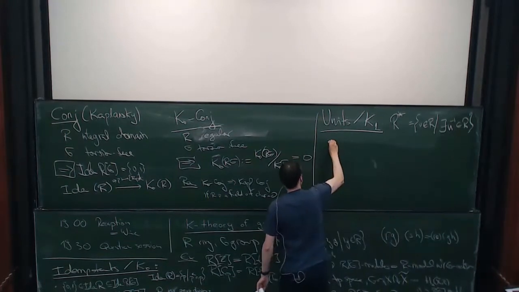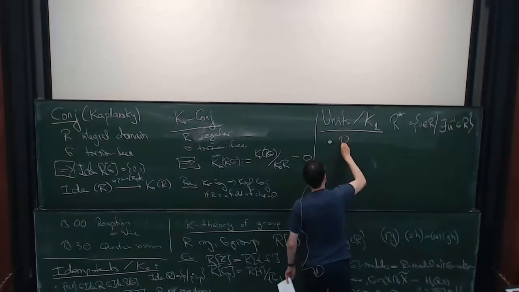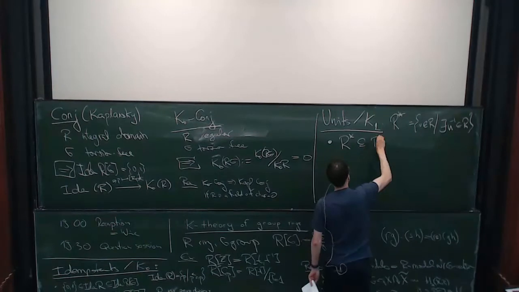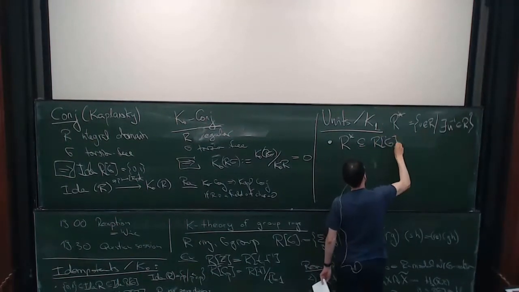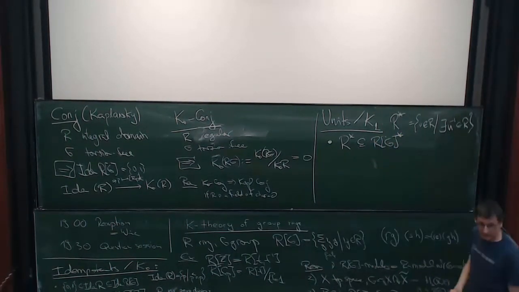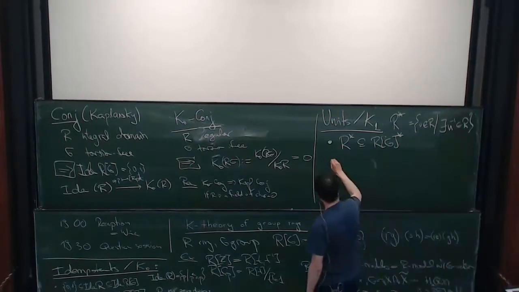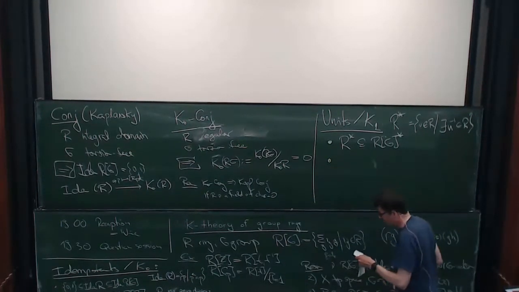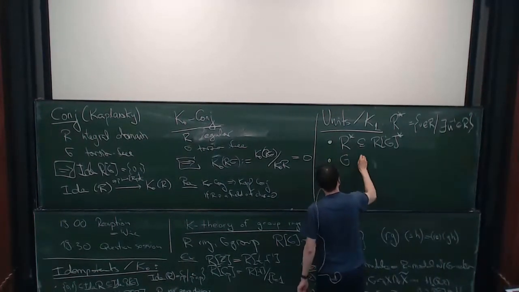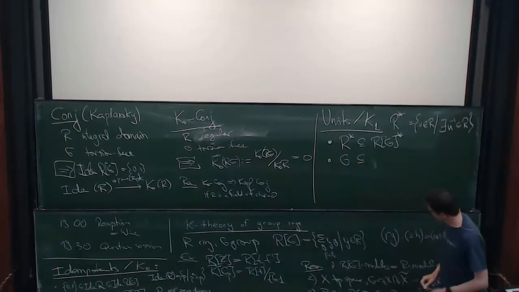Okay, so units, and as before, every unit in the ring gives us a unit in the group ring, but now there is a second source of canonical units that Andreas already pointed out.